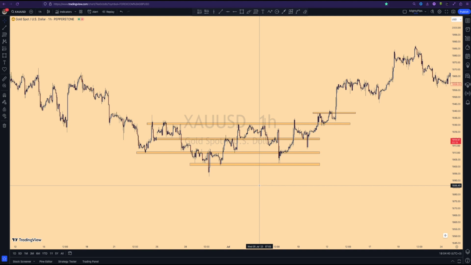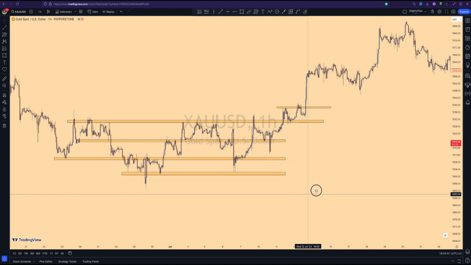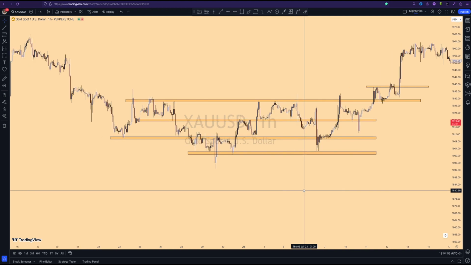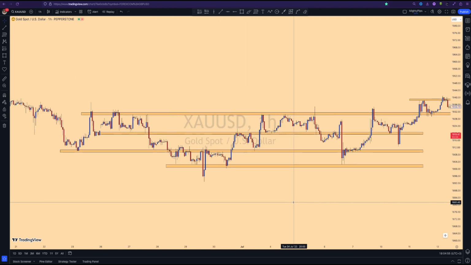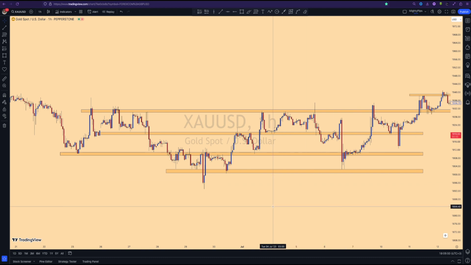I hope you guys have understood this. If you've not understood this, you can drop a comment down below and I'll come back with a more detailed explanation. But this is what you need to do to understand how to draw levels of structure onto your charts, and also understand the principles of market structure, knowing that from a higher time frame perspective, market structure becomes stronger and more clear.